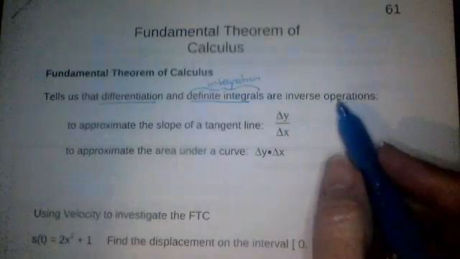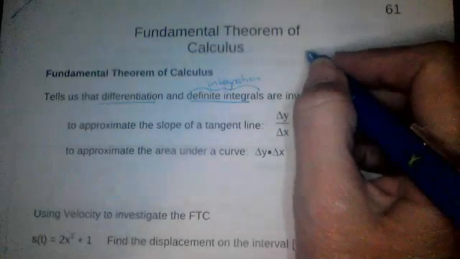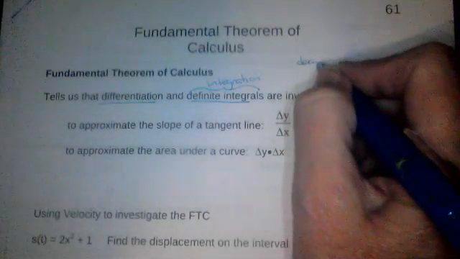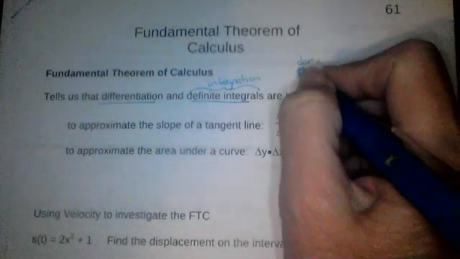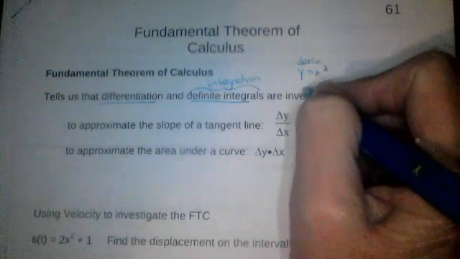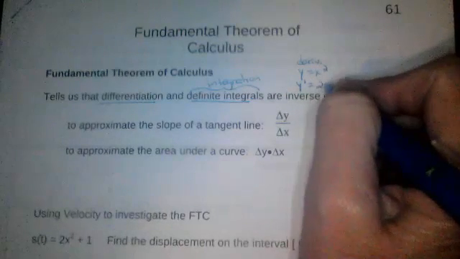are inverse operations. So all we're saying here is that if I were to take the derivative of y equals x squared, then y prime would equal 2x.